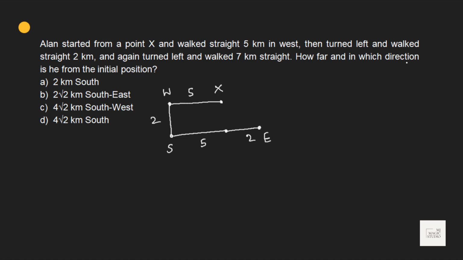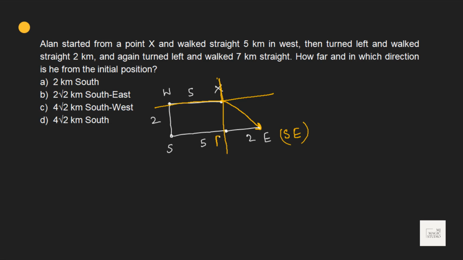How far and in which direction is he from the initial position? X was the initial position. So we'll draw main direction at initial position. If I join XE, it is where? It is towards south east. Southeast direction, he is there from the initial position. And how far?